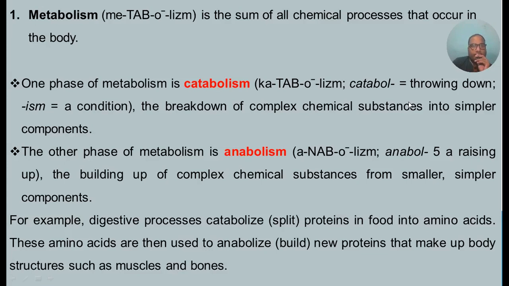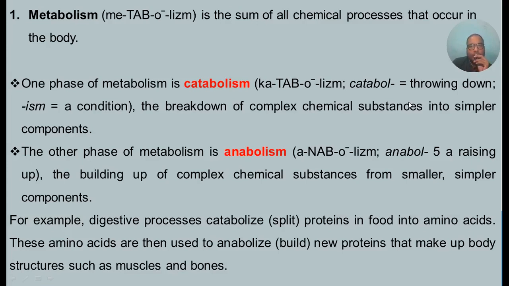The next phase of metabolism is the anabolism. Anabolism means raising up, the building up of complex chemical substances from smaller, simpler components. Means whenever smaller components come together, simpler forms of chemicals, like I have told you that proteins are made up of simpler amino acids.